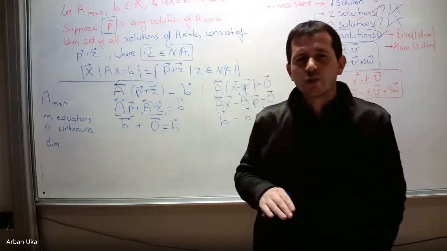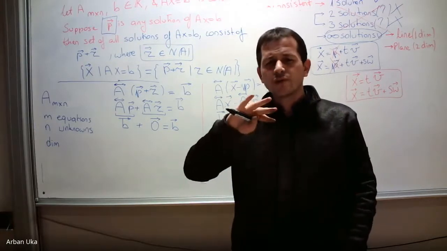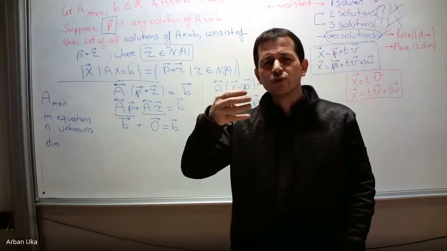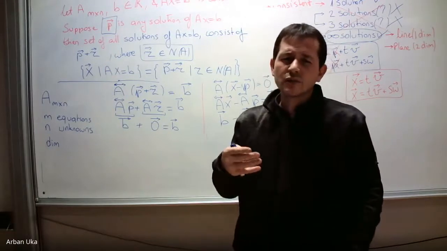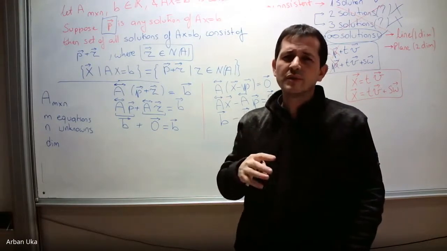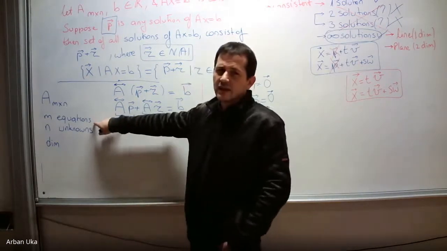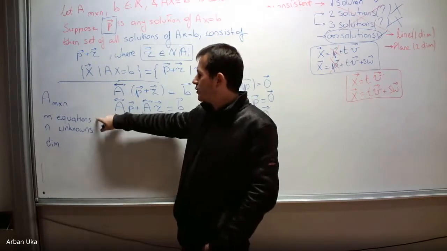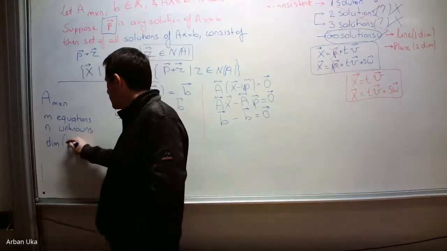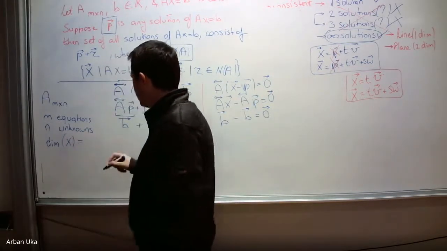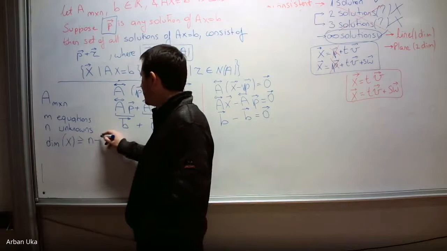Those equations could be linearly dependent with respect to each other. We solved an example where we thought we had 4 equations, but as we reduced it to row-reduced echelon form, we noticed that we actually had fewer equations, because 1 or 2 equations were redundant. But assuming these equations are linearly independent, and they are equal to m, and we have n unknowns, the dimension of the solution is going to be larger or equal to n minus m.